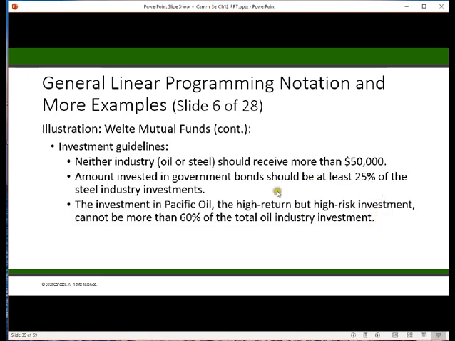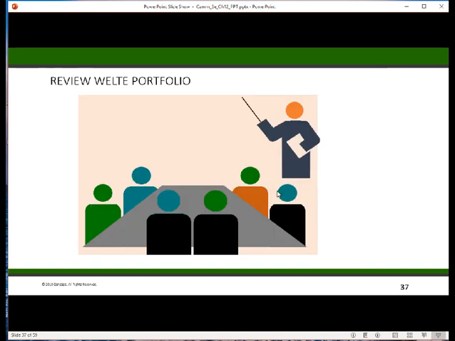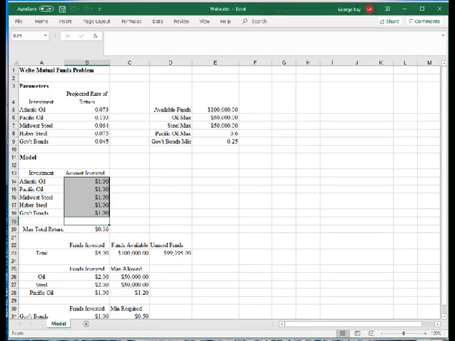And again, some of the constraints. Here are our functions. Let's take a look at how we set this up in Excel.